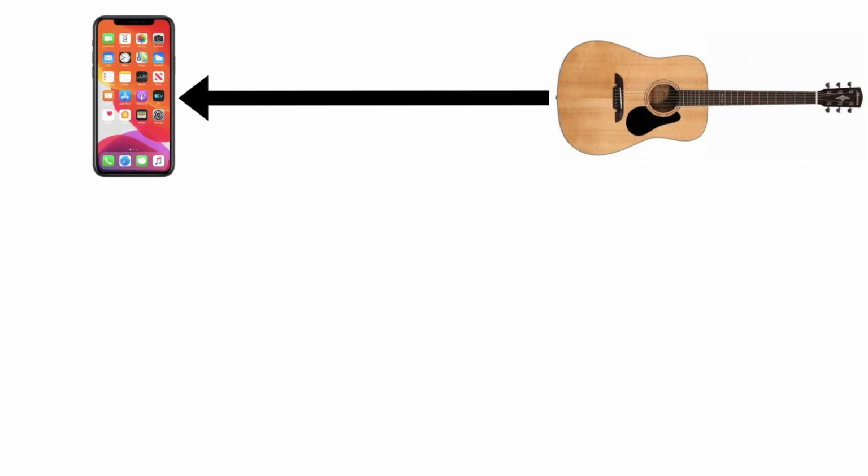So in my example, I'm going to start with my guitar, and I'll play my guitar. All I have to do is play a single note. That's all it takes, just one note from the guitar, and I will record that into my iPhone.